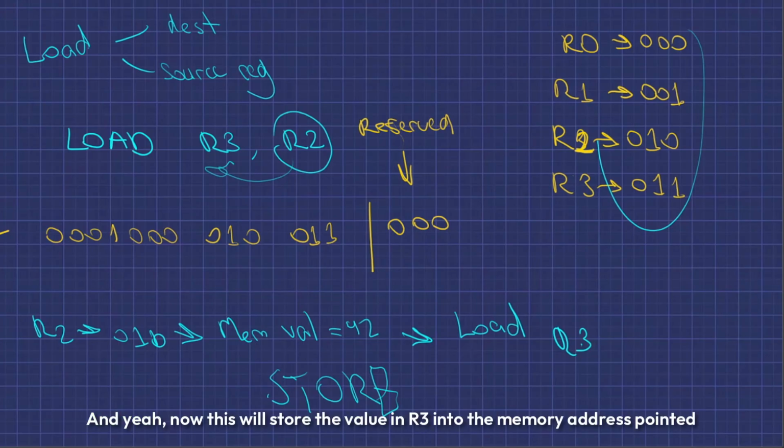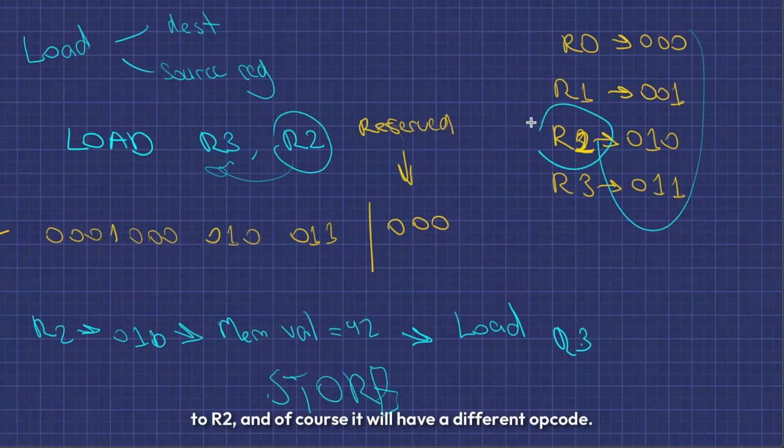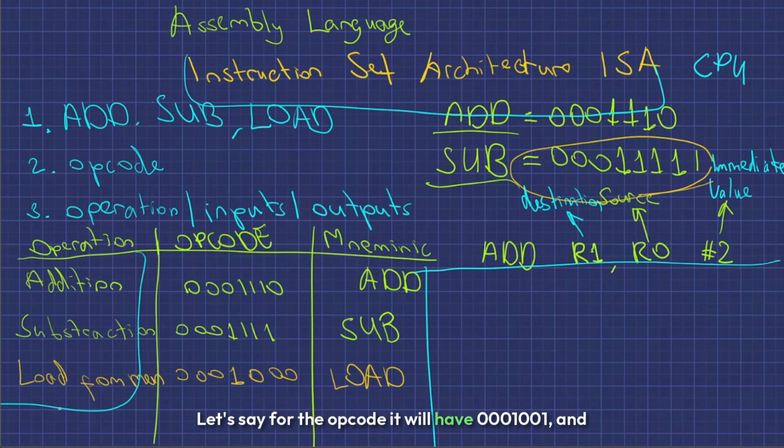This will store the value in R3 into the memory address pointed to by R2. And of course it will have a different opcode. Let's say for the opcode it will have 0001001 as the store.